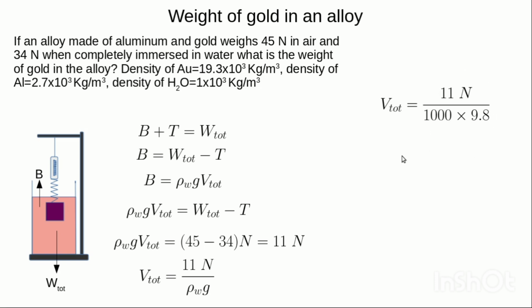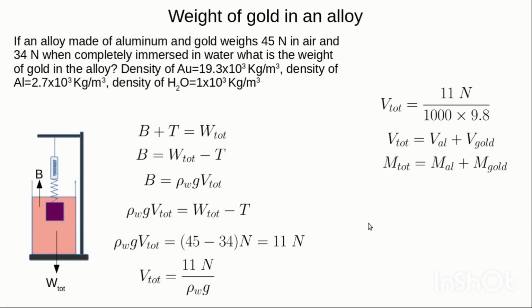The next thing we need to look at is that V total is equal to V aluminum plus V gold. This is one of the principal points you must take note of: the volume of the system is equal to the volume of aluminum plus the volume of gold. Likewise, it also applies to the mass. The total mass of the system is equal to the individual mass of the aluminum plus the individual mass of gold.